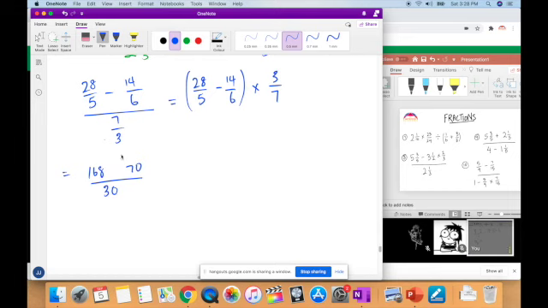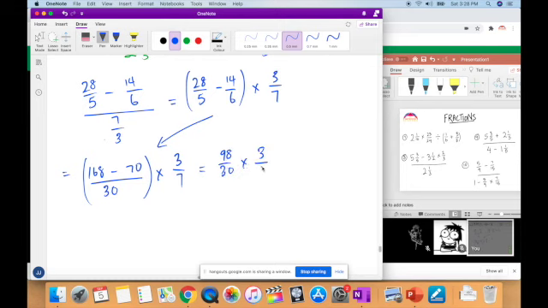So 168, and there's a minus there, right? And I'm putting back the rest of the problem because I must be continuous with the story. So 168 minus 70 is 98 over 30.